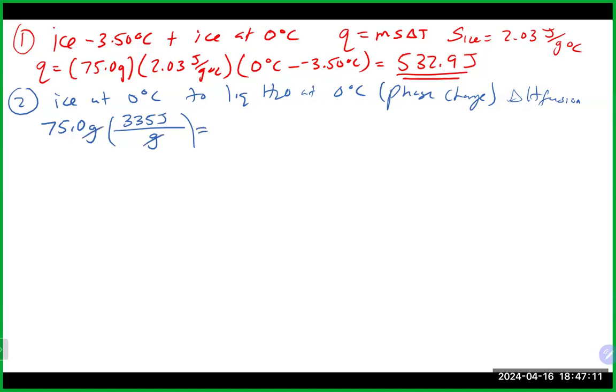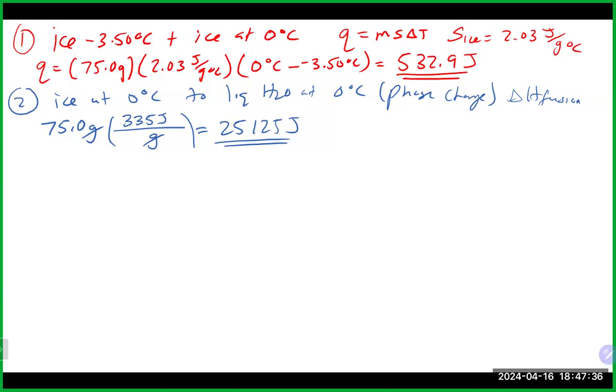And that will get me something like 25,125 joules. That is the amount of energy to do nothing more than take that ice that's sitting at 0 degrees and transform it to liquid water at 0 degrees, not raise the temperature. Any questions on that so far?